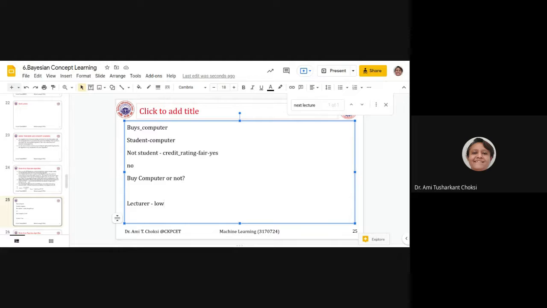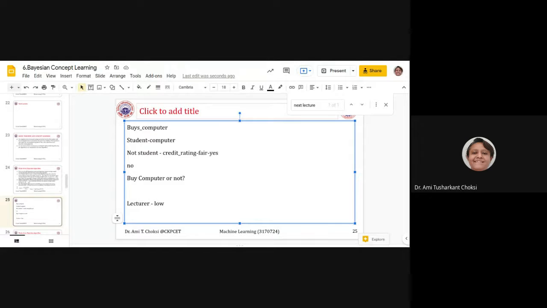So what we have to do is find the probability for Buys computer is equal to yes, and Buys computer is equal to no, for all the characteristics, all the parameters which are given. So the person is a lecturer and the credit rating is low.